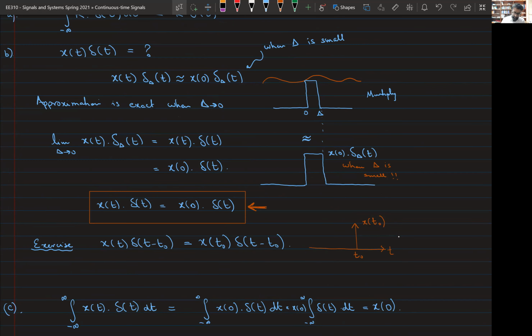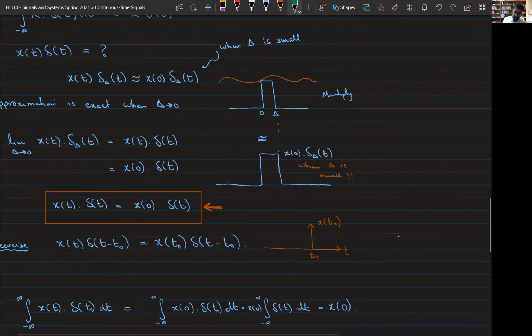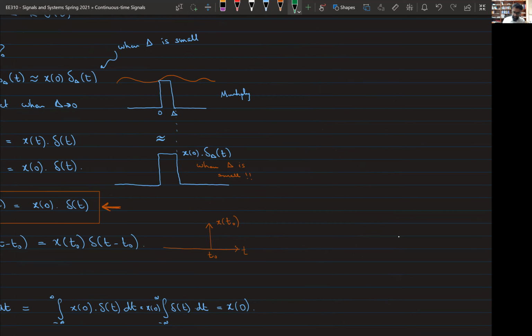In other words, if I were to depict this graphically, say there's an arbitrary signal as a function of time, t, and I multiply it with a unit impulse residing at time t equals 0, and this green signal is x of t. What happens if I multiply these two together?